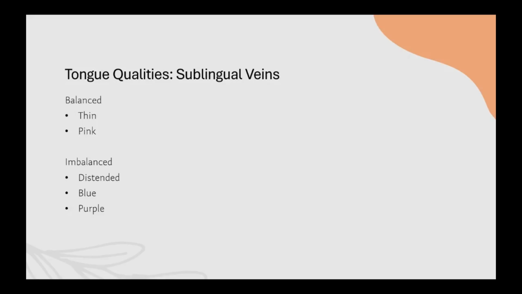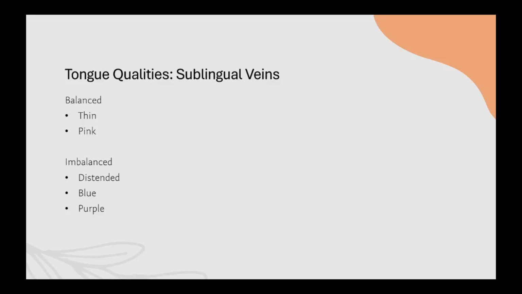Imbalanced would be to see, it's almost like varicose veins, but under the tongue. So it's indicative of some kind of stagnation. Less severe would be a bluish color, slightly distended or swollen veins. More severe would be thicker, more distended, purplish, dark veins.